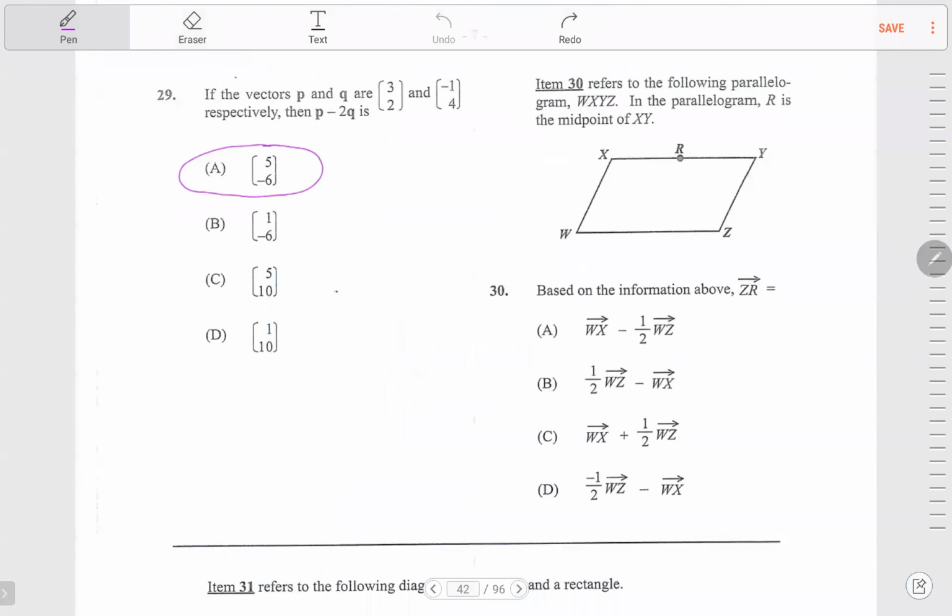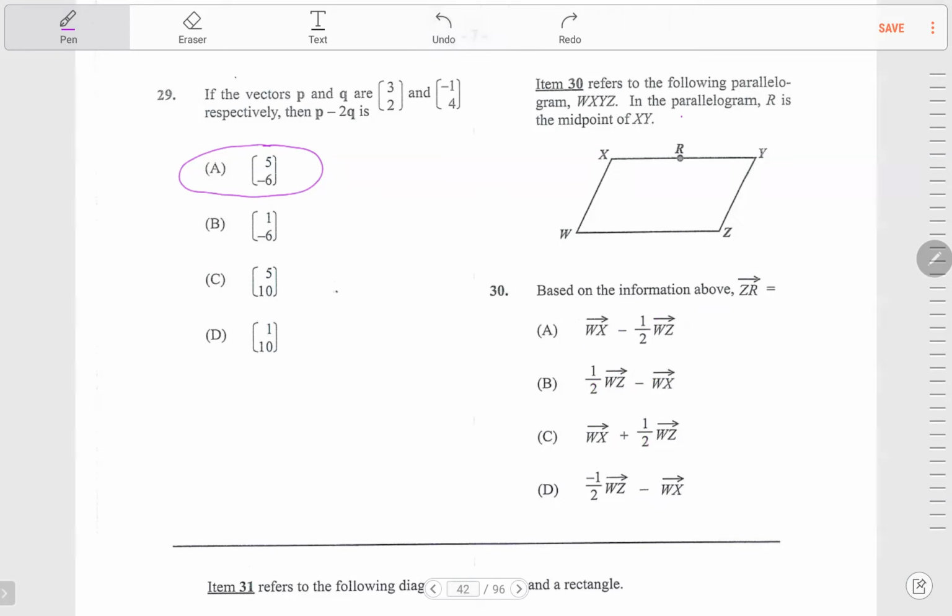So it's a vector parallelogram again. And it says, what is ZR? And I want to answer in terms of WX and WZ in all cases. So we want to establish everything in terms of WX and WZ. Those are the primary directions.